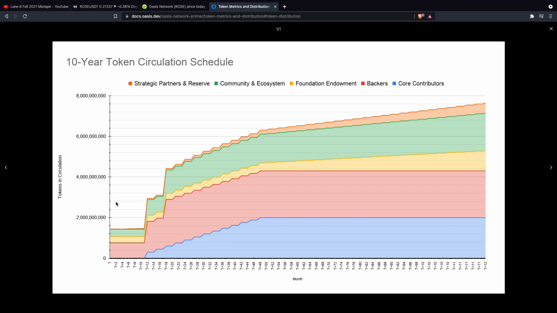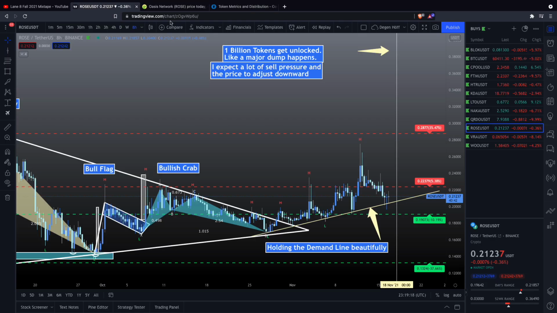So if you do the math here, this is about the midway point between 4 billion and 2 billion. So that's about 1 billion tokens that are going to be unlocked. And that's going to happen on the 18th, so that's right away. So that's here, represented by that vertical line.